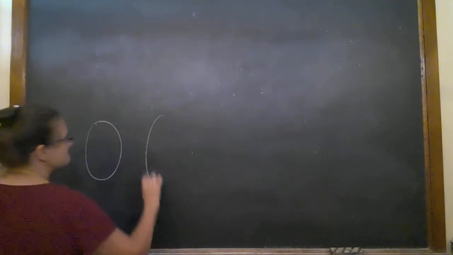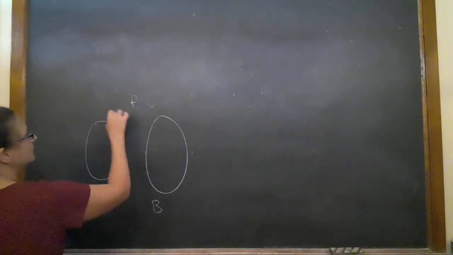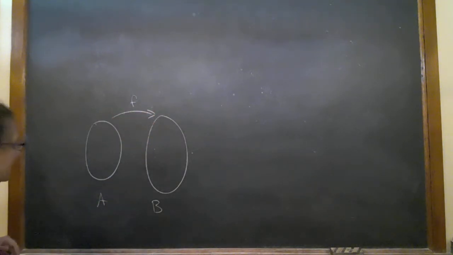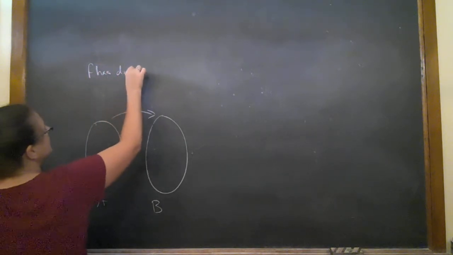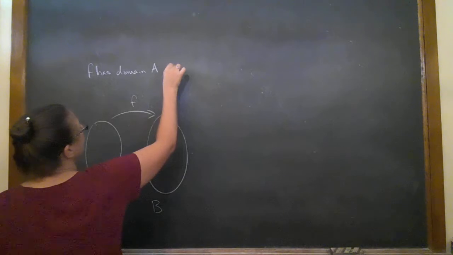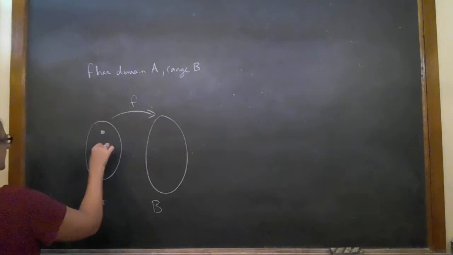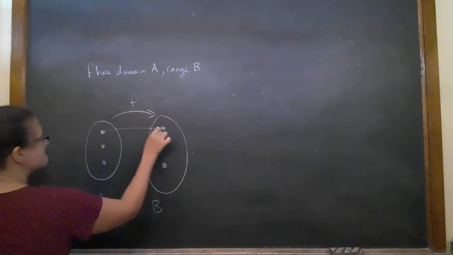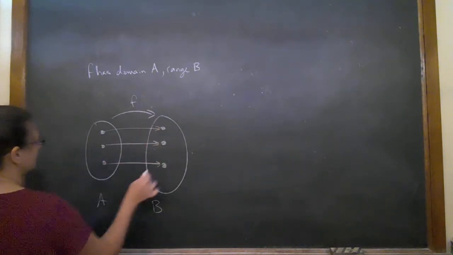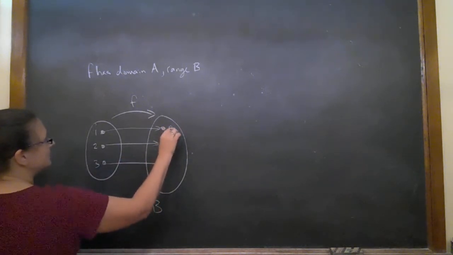So just visually speaking, let's take function f from domain A to range B. So f has domain A and range B. I'm just going to draw a picture. Here, 1, 2, 3 go to A, B, C. Or let's put all numbers, 4, 5, 6.